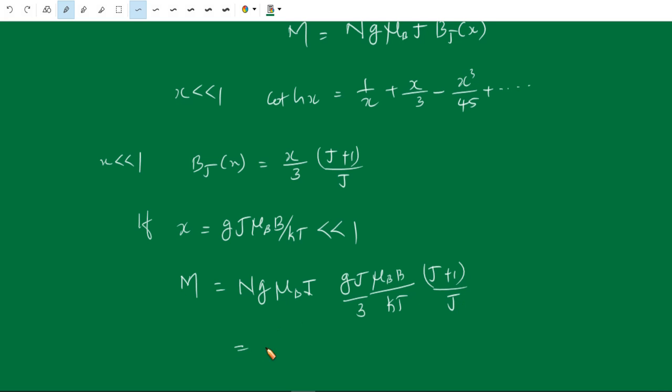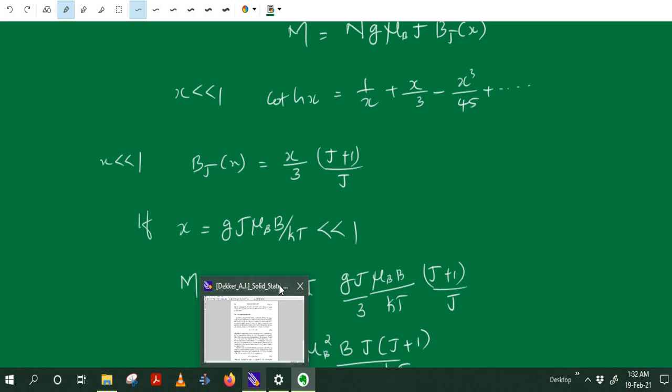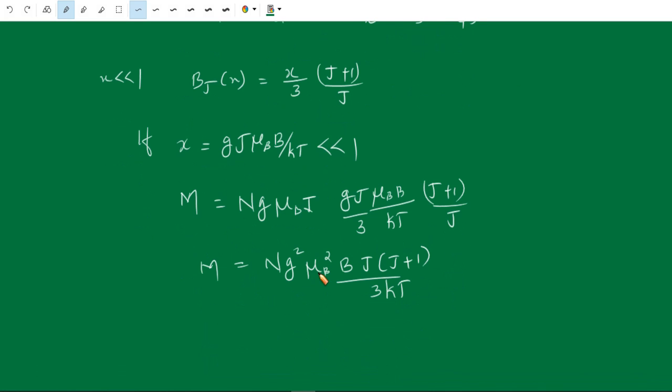So this thing is N g square mu B square B into j into (j plus 1) divided by 3kT. So this is the net magnetization when x is very much less than 1, or at a high temperature or weak field.